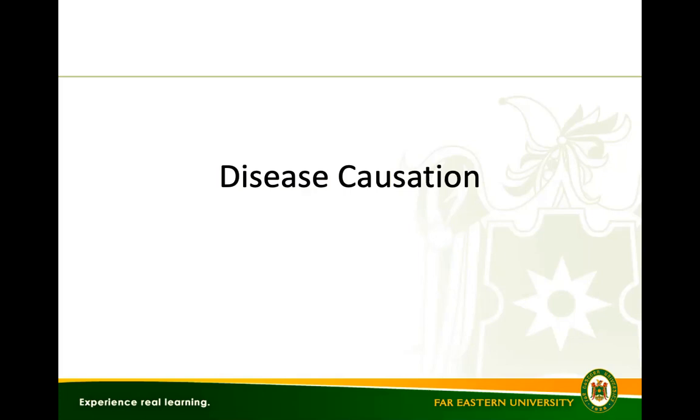Another theory that you might have encountered is the biomedical theory, which proposes that disease is caused by malfunctioning of cells, tissues, and organs with resultant signs and symptoms. We also have the psychosocial theory that integrates physiologic, psychological, and sociological factors that influence disease development.